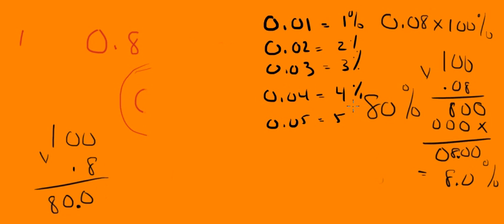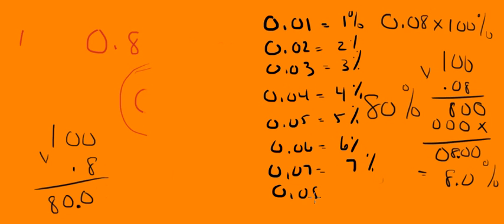It takes a little long here, but I'm trying to make a point. 0.06 equals 6%. 0.07 equals 7%. 0.08 equals 8%. 0.09 equals 9%. And then 0.10 equals 10%.